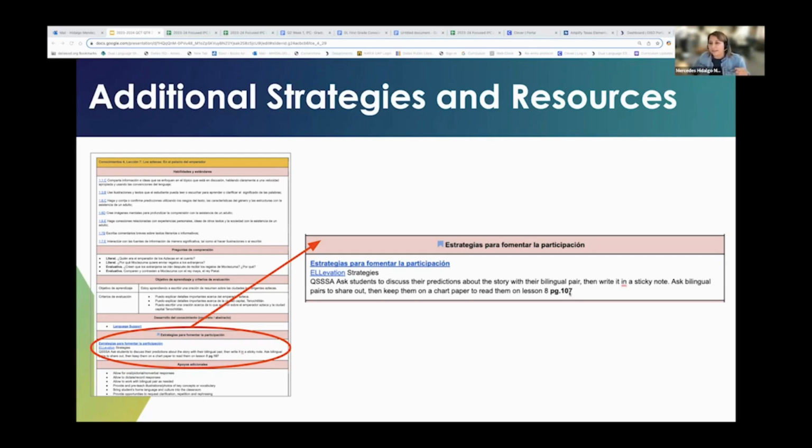And we have marked in the lessons the page, the spots in the lesson where a good engagement strategy could be provided. So we tell you in page, like in this case, in page 107, you could do a QSS strategy because the kids have to interact among each other.